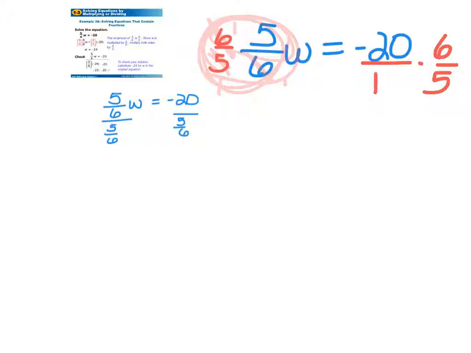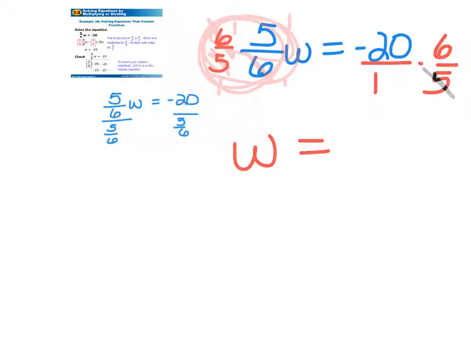This becomes a 1. So then I'm left with just w. Over here, on the right side of my equation, again, I'm going to do the same thing.